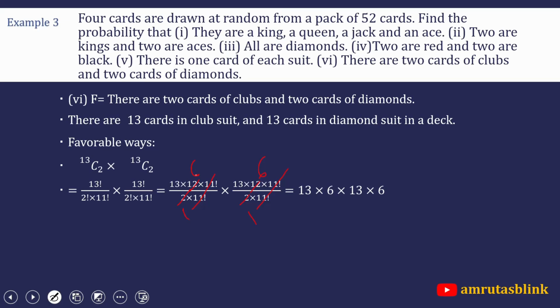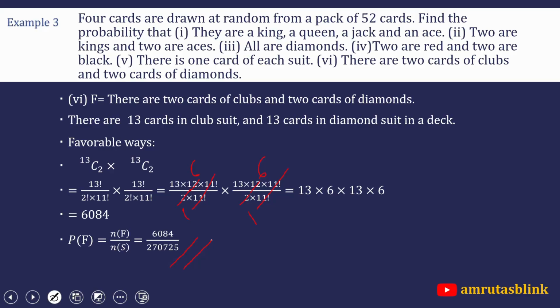So we have 13 into 6 into 13 into 6, which is equal to 6084, and hence probability of this event F is equal to n of F upon n of S is equal to 6084 upon 2,70,725 is your final answer.